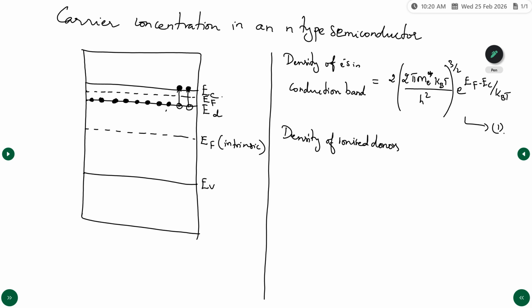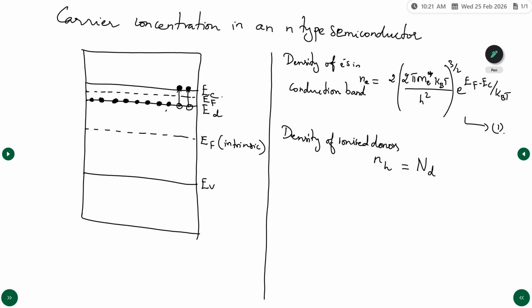So for this you can mention it as Ne, and the ionized donors, nothing but the holes, NH, is equal to the density of donor electrons. It is mentioned as Nd.